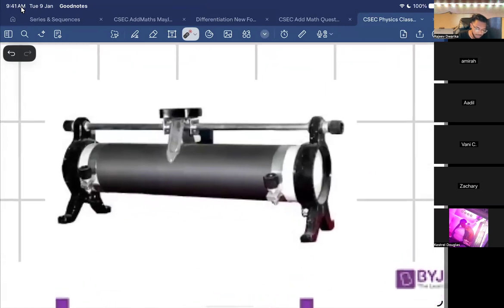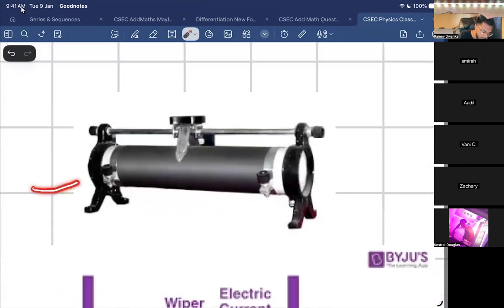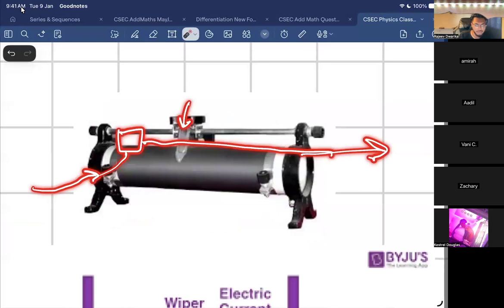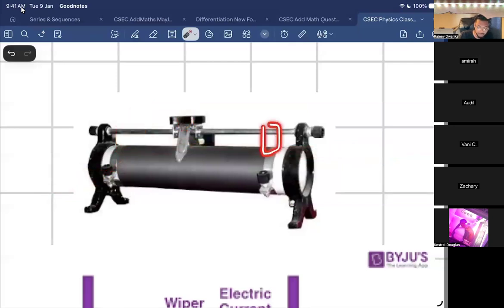So question, guys, let me make sure you understand this. Let me say I have current coming in here and I have current leaving here, right? If I take the wiper and I put it over here, will I measure a large resistance value or a small resistance? Small. If I take the wiper and I put it all the way to the end here, what kind of resistance will I get?